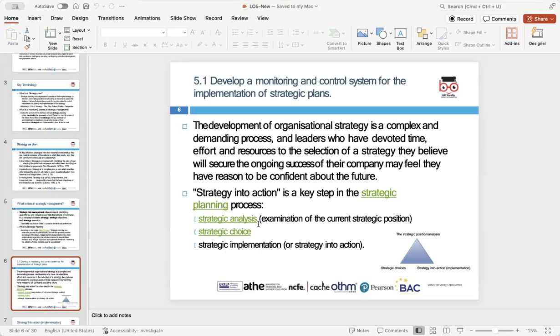In strategic choice, we decide on the best course of action from the available options. And finally, strategic implementation means turning the chosen strategy into concrete actions and operational plans.